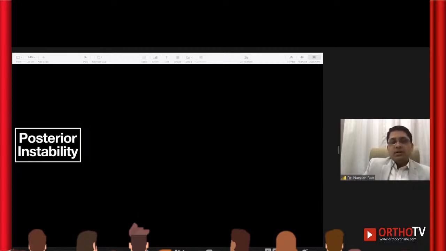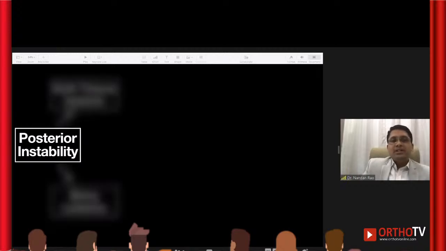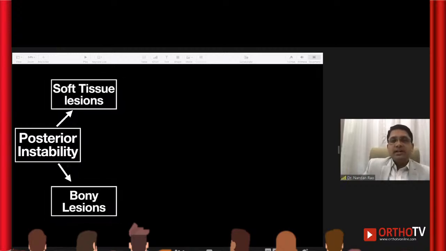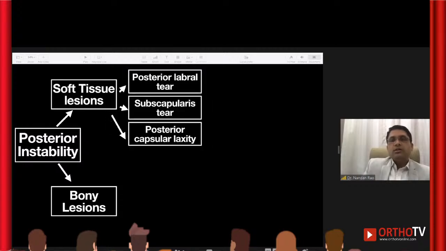So in short, without going into the complexities of posterior instability, I have prepared a short summary of the treatment of posterior instability. So basically, there can be soft tissue lesions, there can be bony lesions. Soft tissue lesions may be in the form of labral tear, a subscapularis tear, or a posterior capsular laxity.